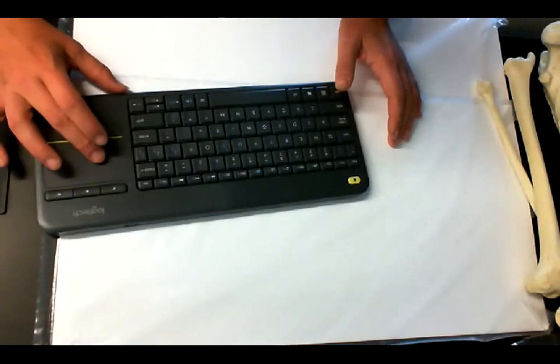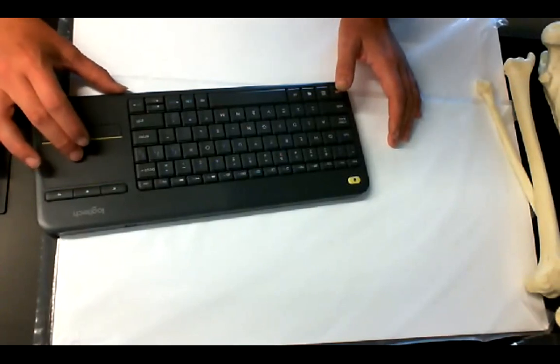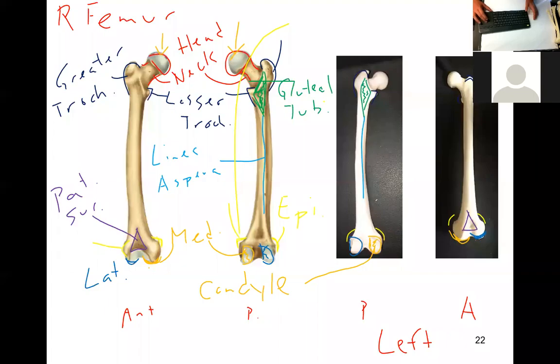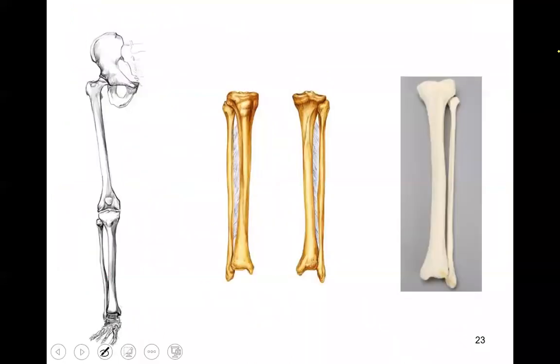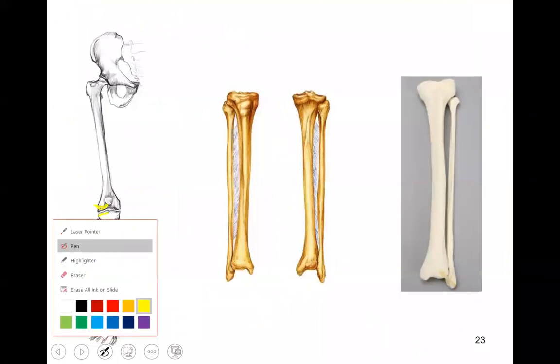Going back to our PowerPoint here. Like I was just showing you with the actual bones, the knee includes the lateral condyle of the femur articulating with the lateral condyle of the tibia.